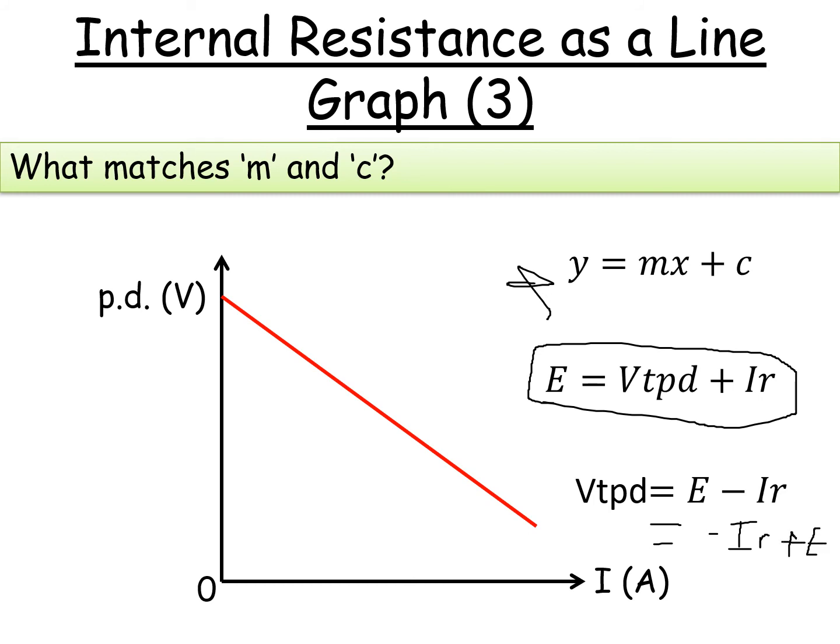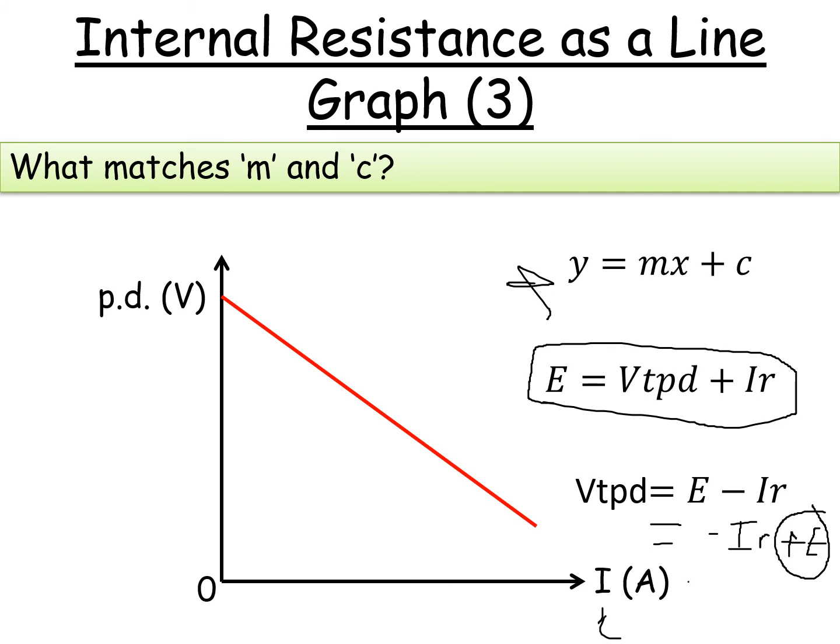Now, if we analyse this equation a bit more, we can see that the EMF is still the y-intercept. So if I know the y-intercept, I can work out the EMF. R is the gradient part, because remember, I matches with the x-axis.